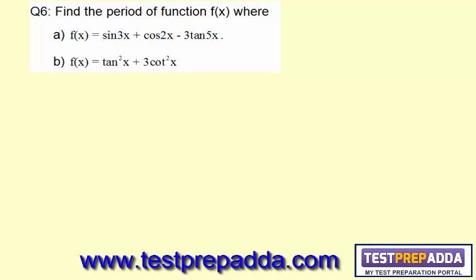Here the question says, find the period of a function f(x), where in the first part of the question f(x) is given as sin 3x + cos 2x − 3 tan 5x, and in the second part of the question the function is given as tan² x + 3 cot² x.